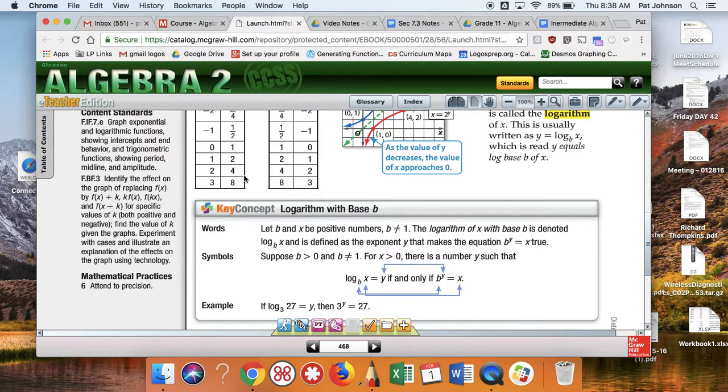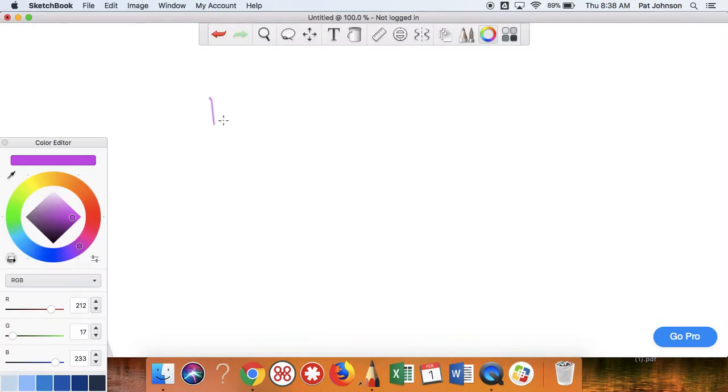So let's look at the example, which says if we have log base 3 of 27, remember, that's my argument, so identify the pieces, equals y. To write this in exponential form, we simply take the argument and move it up, and we drop the log. So we say the argument is equal to the base 3 raised to the y power.